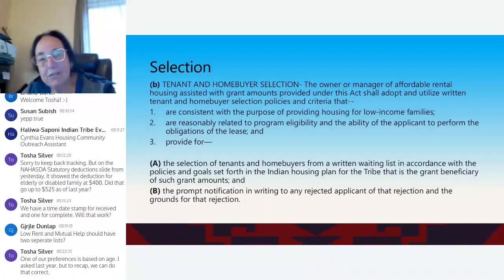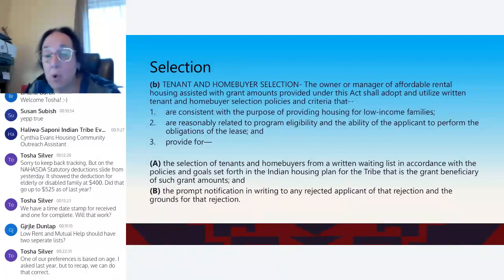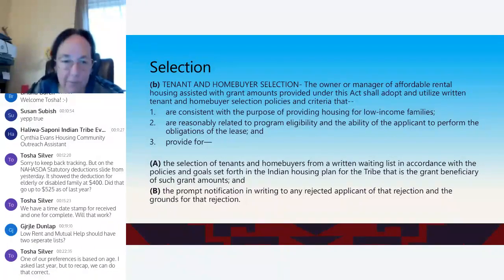So under selection, your tenant and homebuyer selection, the owner or manager of affordable rental housing assisted with grant amounts provided under this act, so that means this is coming from the NAHASDA statute, shall adopt and utilize written tenant and homebuyer selection policies and criteria that are consistent with the purposes of providing housing for low-income families, are reasonably related to program eligibility and the ability of the applicant to perform the obligations of the lease, and provide for the selection of tenants and homebuyers from a written waiting list in accordance with the policies and goals set forth in their Indian housing plan for the tribe that is the grant beneficiary of such grant amounts.